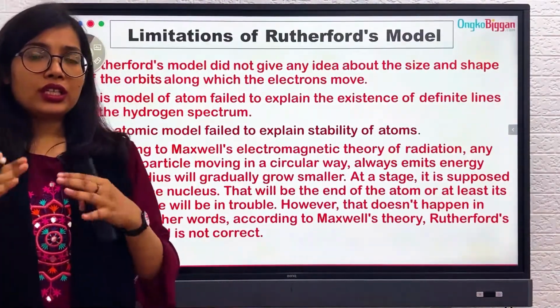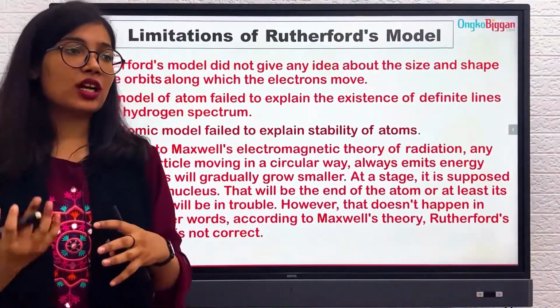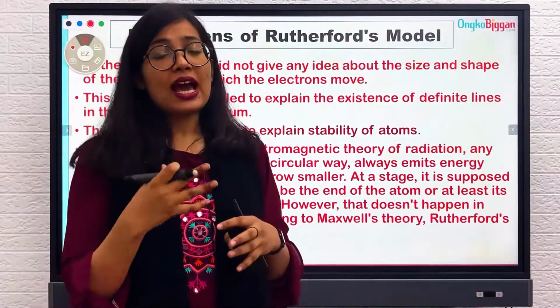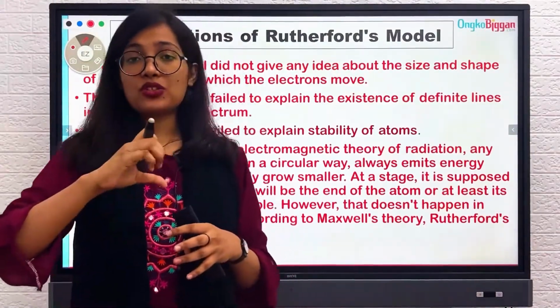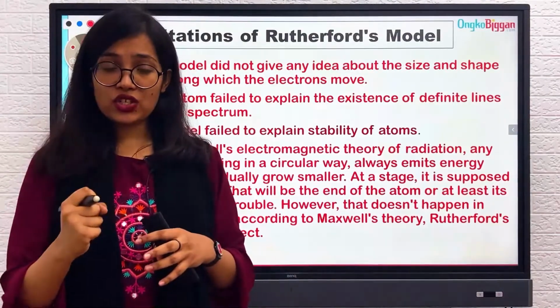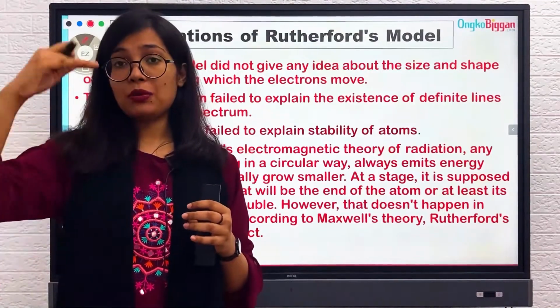In the atom, if you provide heat, the electrons consume the heat, as heat is basically a form of energy. They take the energy and start to vibrate, and they go from a lower shell to an upper shell.